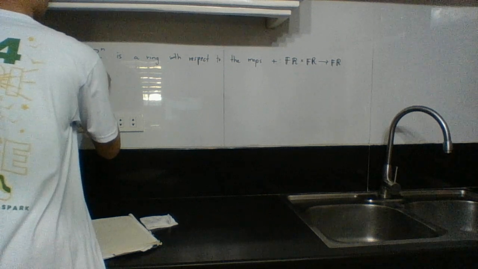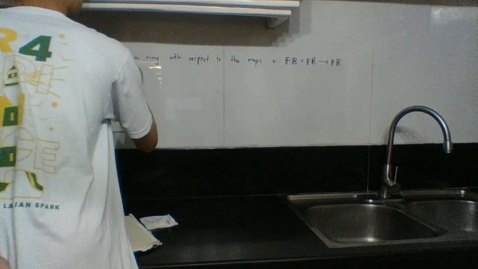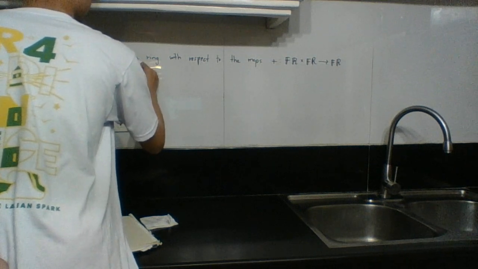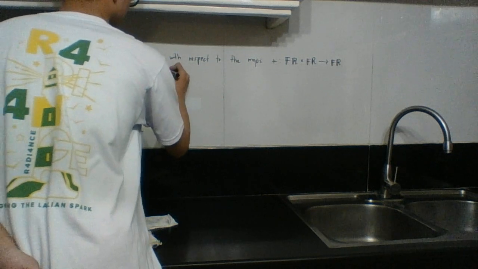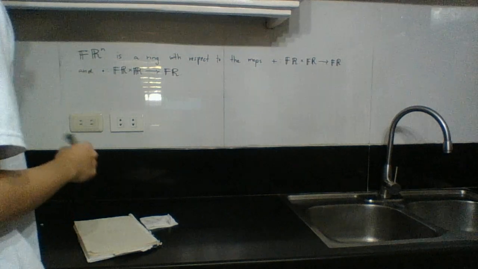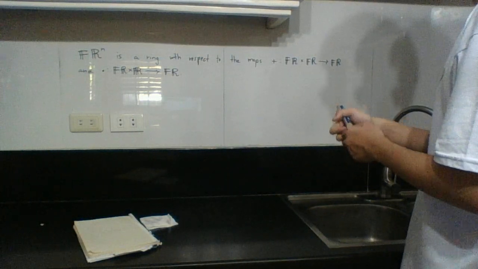and this multiplication operation FR cross FR, two inputs, one output, like how multiplication is. So it's a ring with respect to those maps.